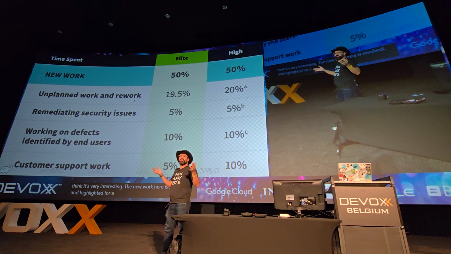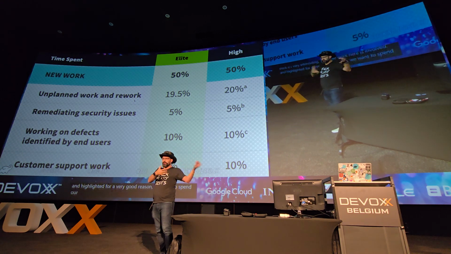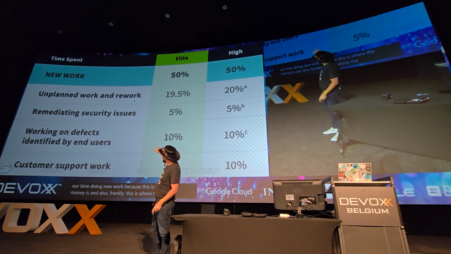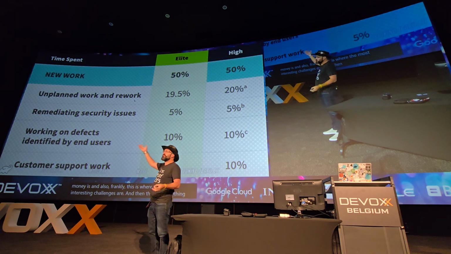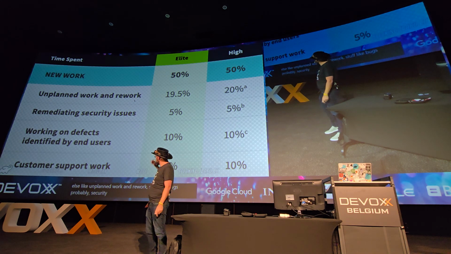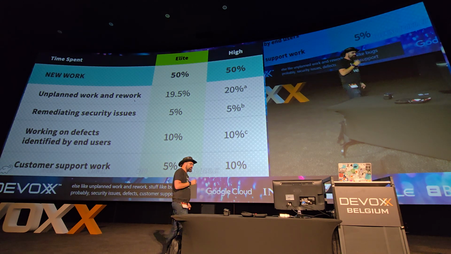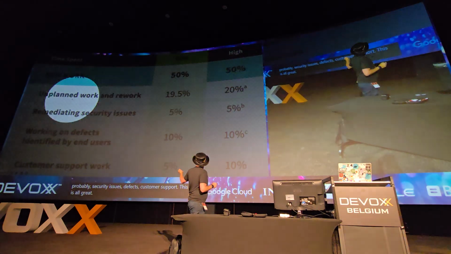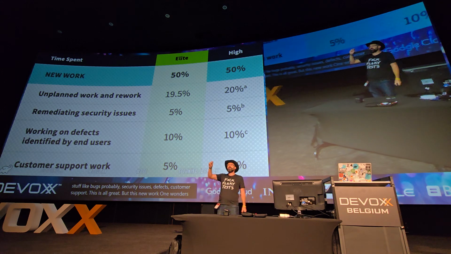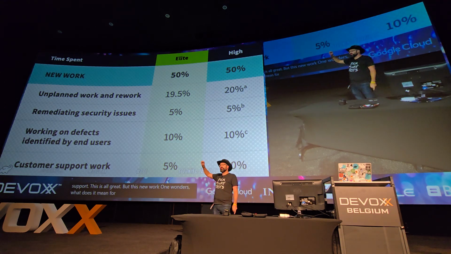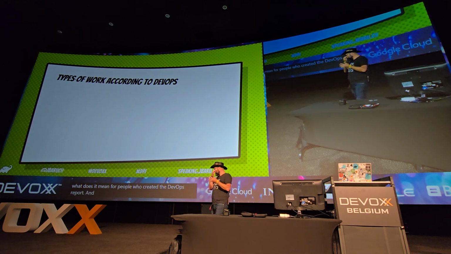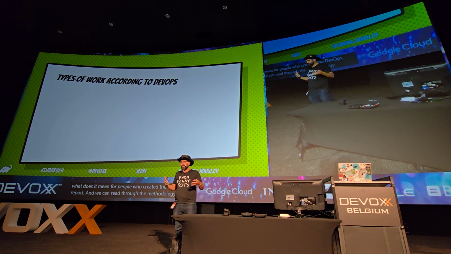We want to spend our time doing new work because this is where the money is, and also, frankly, this is where the most interesting challenges are. And then there is everything else like unplanned work and rework, stuff like bugs probably, security issues, defects, customer support. This is all great. But this new work, one wonders, what does it mean for the people who created the DevOps report? And we can read through the methodology and we can see what they mean by that.